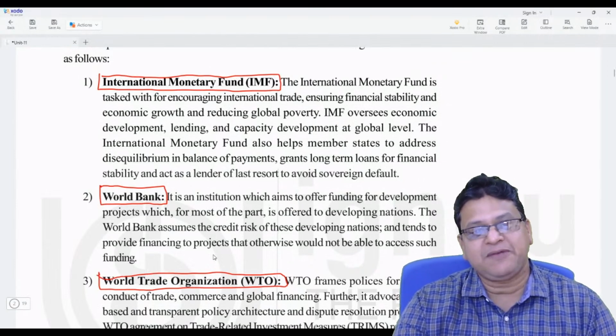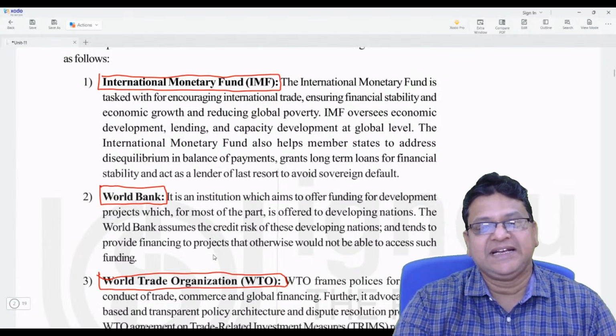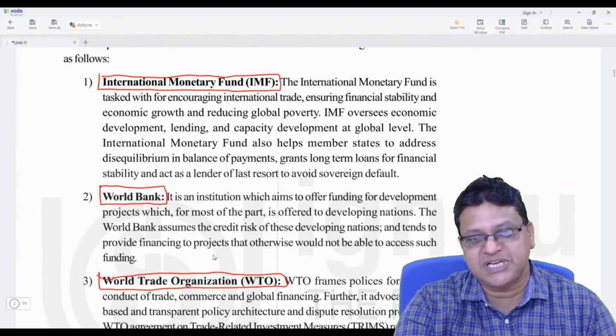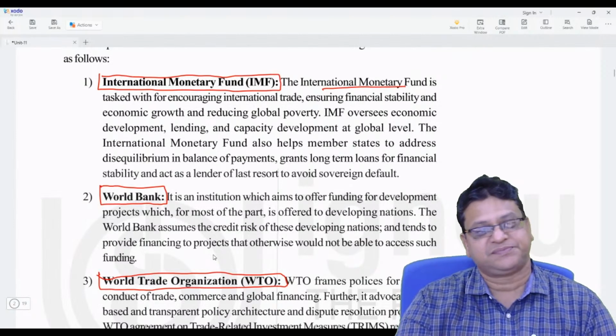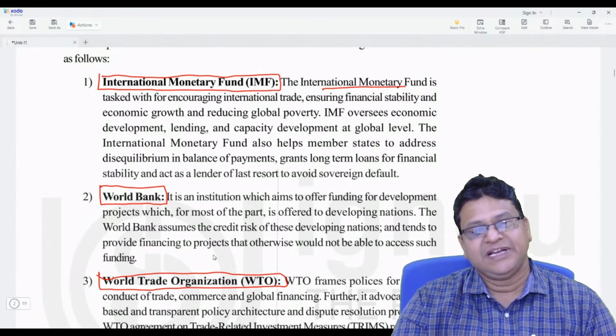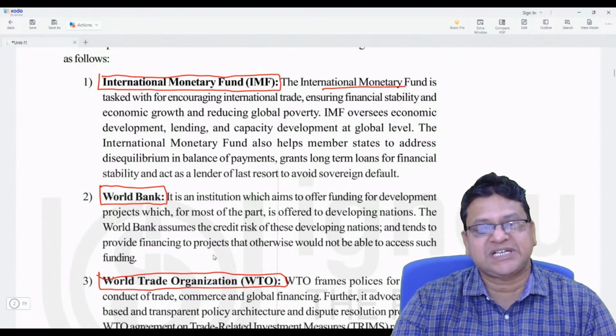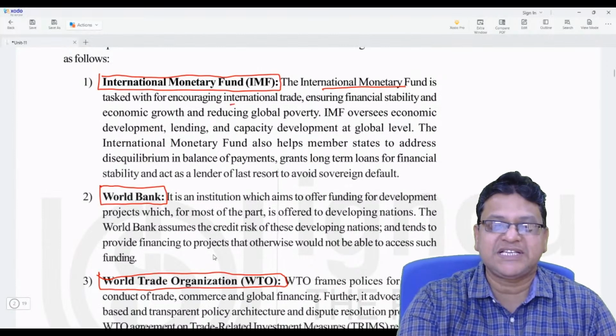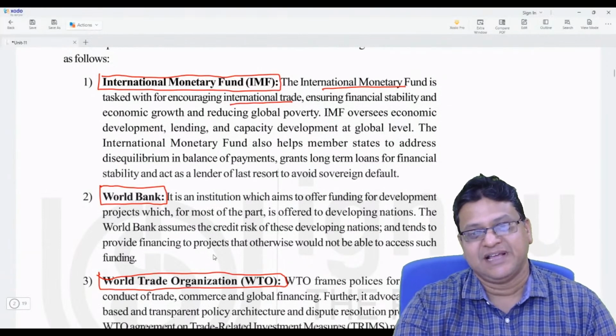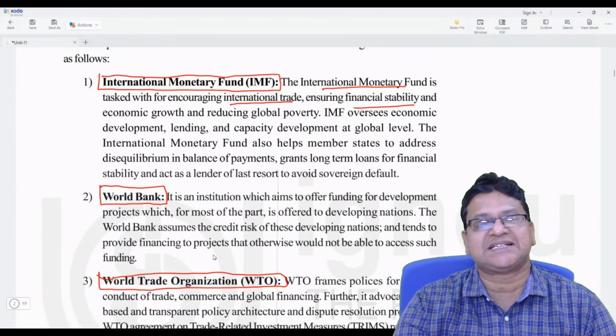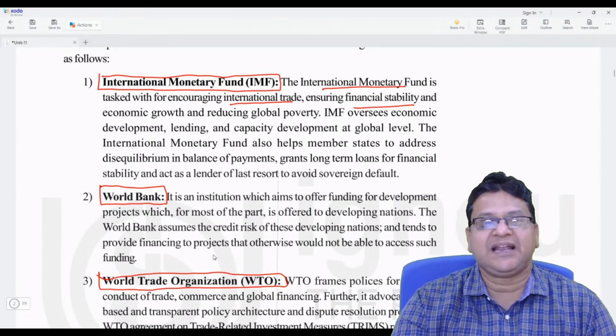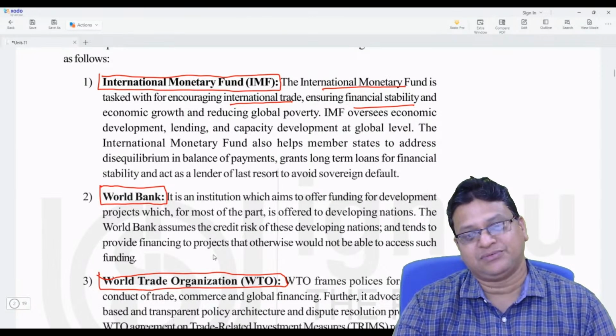IMF denotes International Monetary Fund. It's a fund which is created for encouraging international trade and ensuring financial stability. There are many members in this fund.